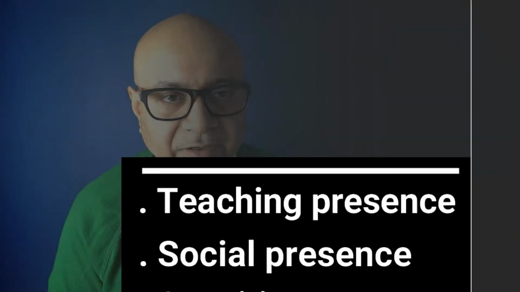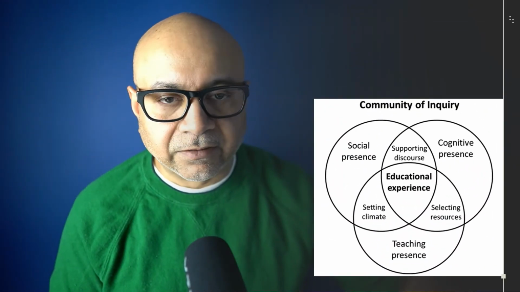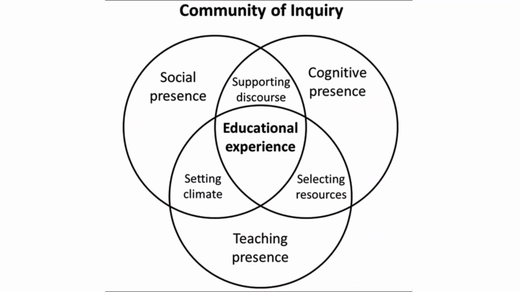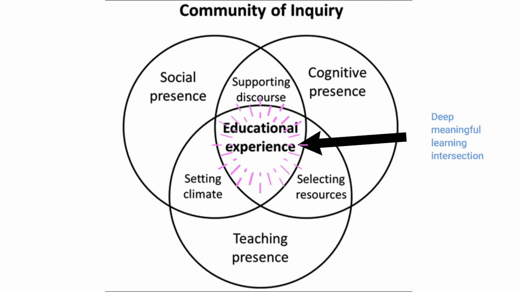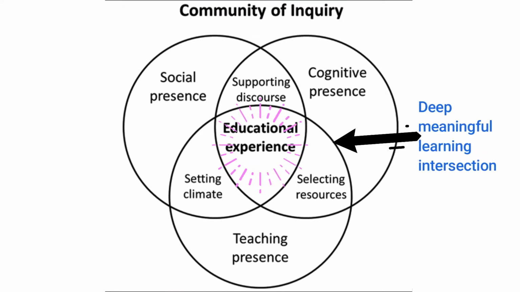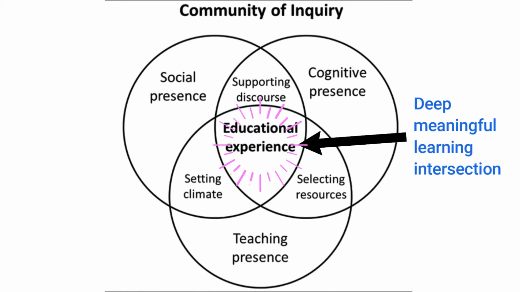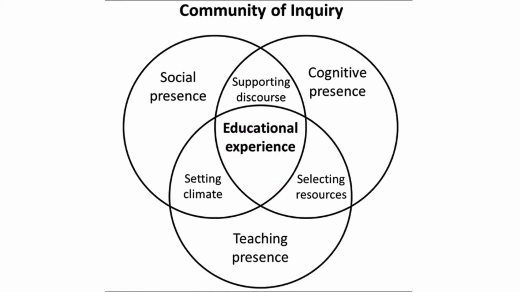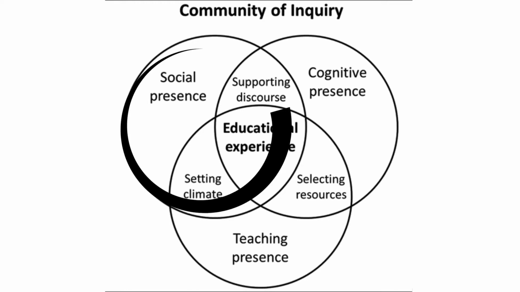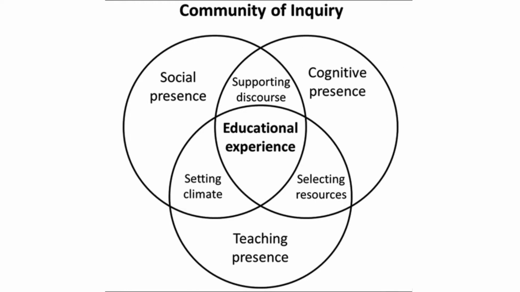If we go directly to the diagram here, yes, a very black and white monochrome figure, showing 3 circles in a Venn diagram, and the 3 circles are overlapping. Again, you can see the teaching presence, social presence, cognitive presence right there, and of course the overlaps are basically the bridging interactions between each and every circle.